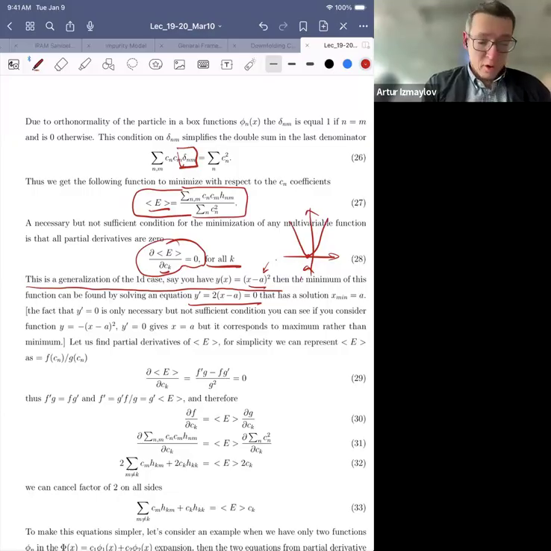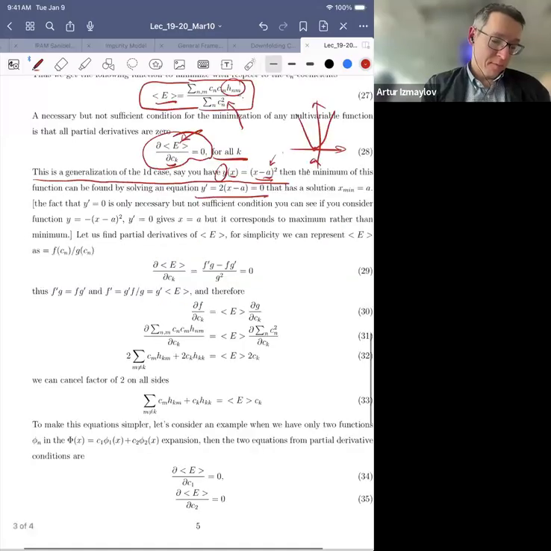So now in our case, the function y is this expectation value of energy. The variable x is the coefficients, and the parameter a would be these matrix elements, which are some constants. They don't depend on the coefficients, right? So that's what we do.